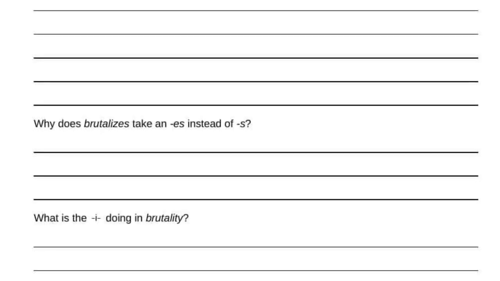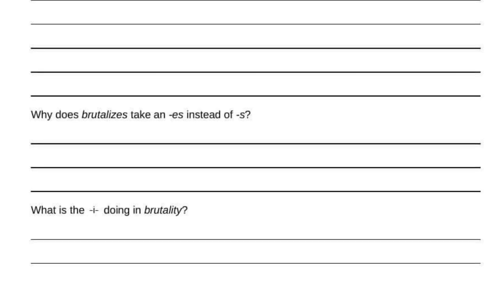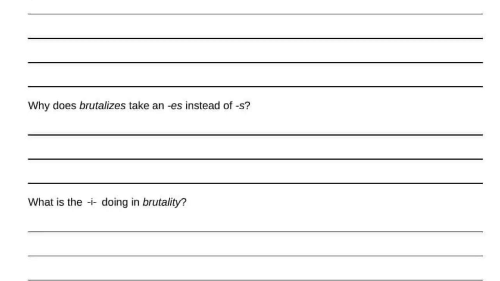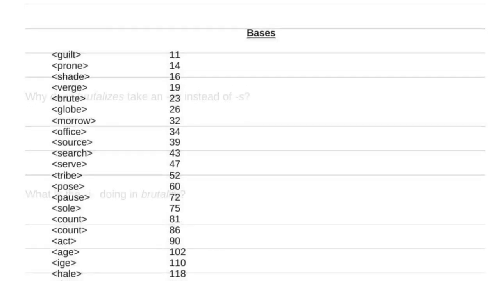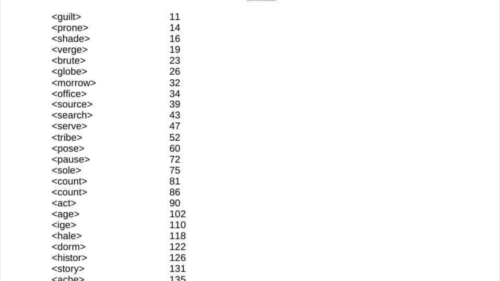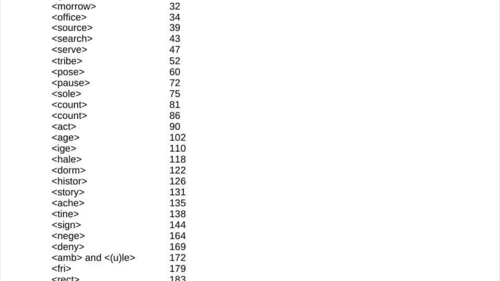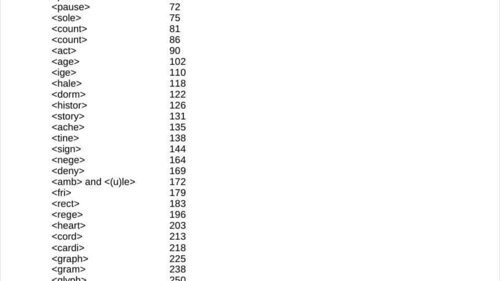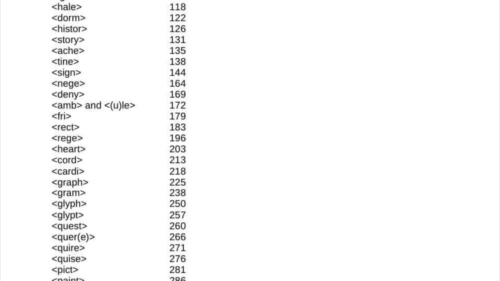The student should answer that the verb brutalize requires an extra syllable in the third person singular and thus takes the es suffix rather than the s suffix. The primary function of English spelling is to represent meaning. Spelling is not just sounds written down. The spelling of a word reflects its meaning, parts, history, relatives, and finally sounds.